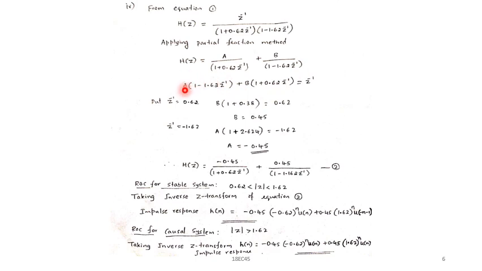You know how to find the values of A and B. I just cross multiply and then substitute z inverse is equal to 0.62. I'll get B is equal to 0.45. Similarly, put z inverse is equal to minus 1.62. I'll get A is equal to minus 0.45. So therefore h of z I can write as minus 0.45 divided by 1 plus 0.62 z inverse plus 0.45 divided by 1 minus 1.62 z inverse. Consider this as equation 2.